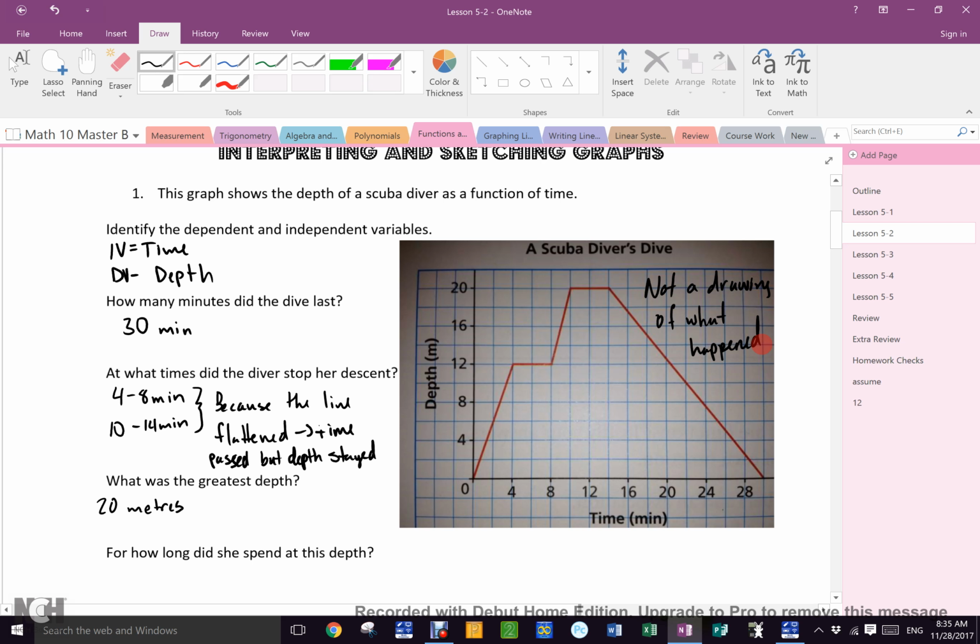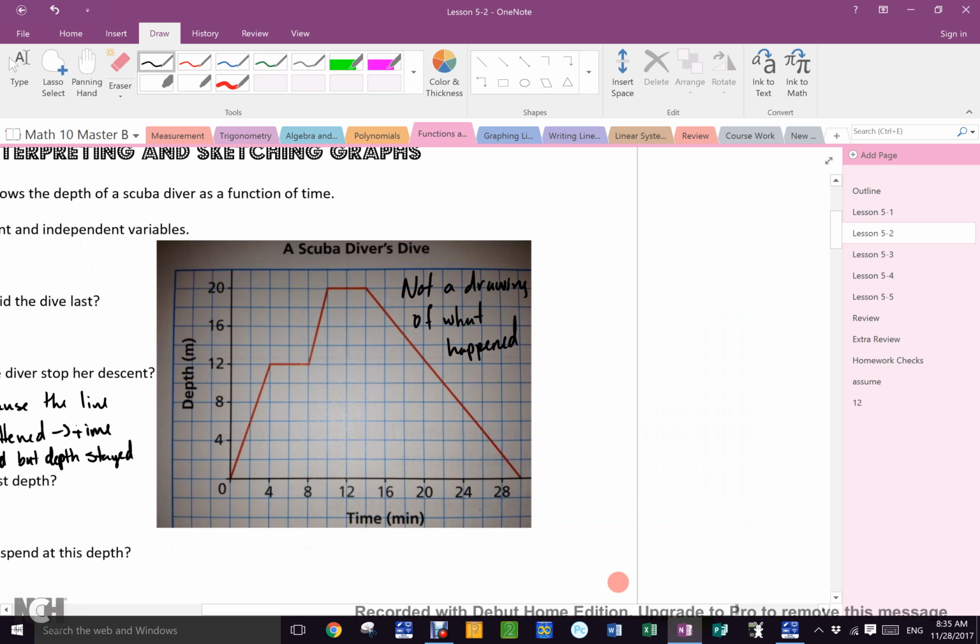Do you understand what I am speaking of? The graph shows the data. What really happened would have been this. Ocean, boat, person. Wait. Is there a shark?